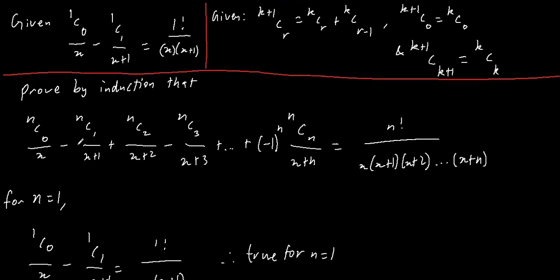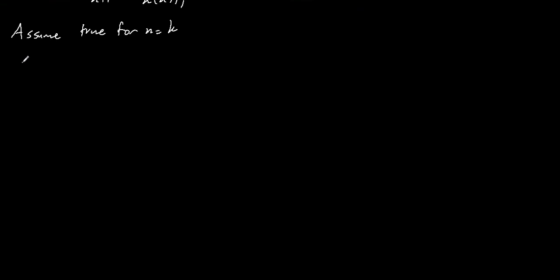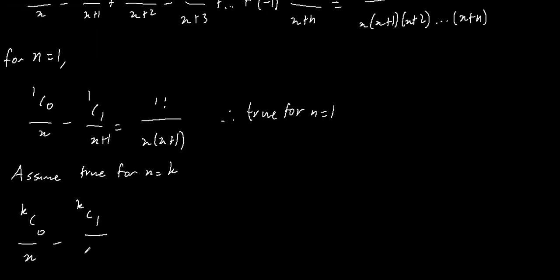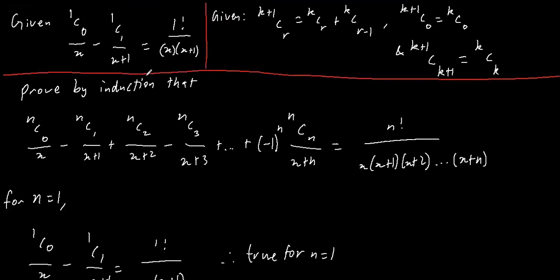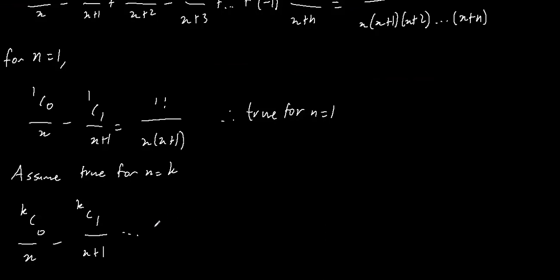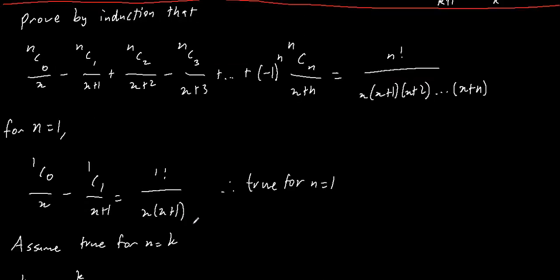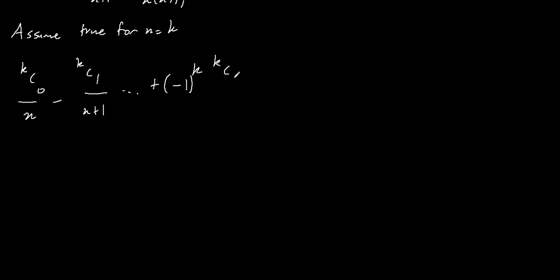I'm just going to take a little detour, shortcut sort of thing. kC0 over x minus kC1 over x plus 1, dot dot dot, you get the gist of what goes on, plus minus 1 to the k, kCk over x plus k, is equal to k factorial all over x plus 1 dot dot dot, and we get x plus k. Okay, not too hard there.